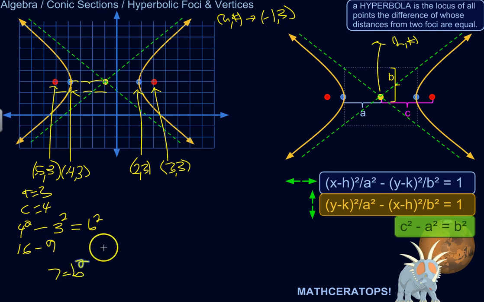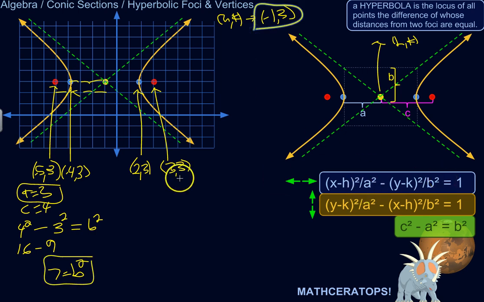And I'll actually just leave it as b squared because that's what's in the equation. If we were to square root this and say b is the square root of 7, we'd have to square it again anyway to put it into the equation. Okay, so we've got a and we've got b squared. We've got the center.